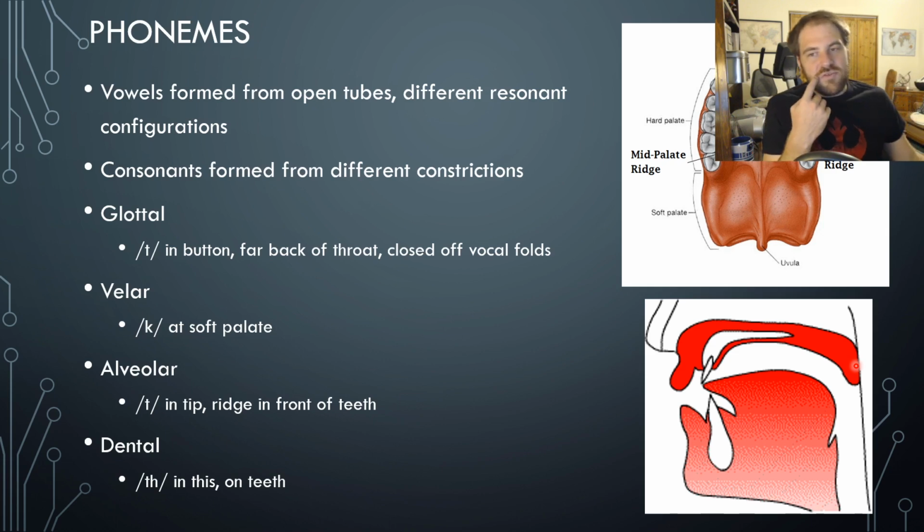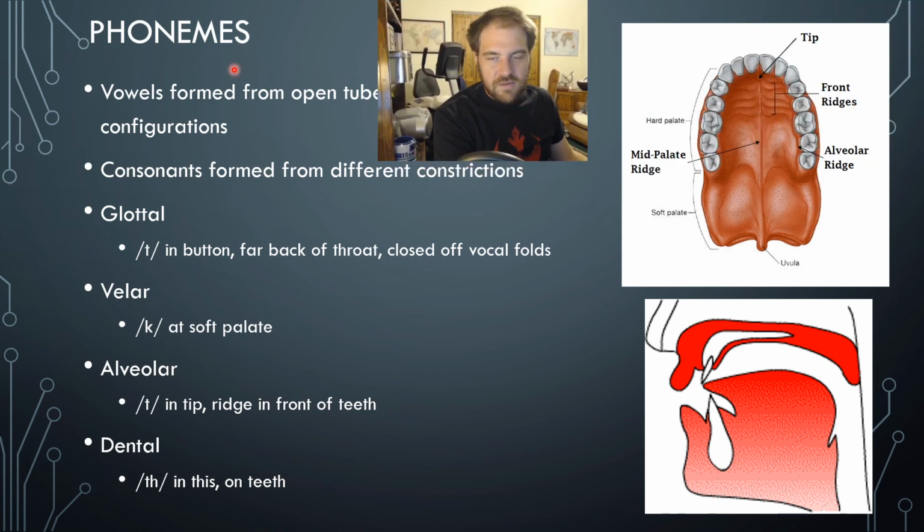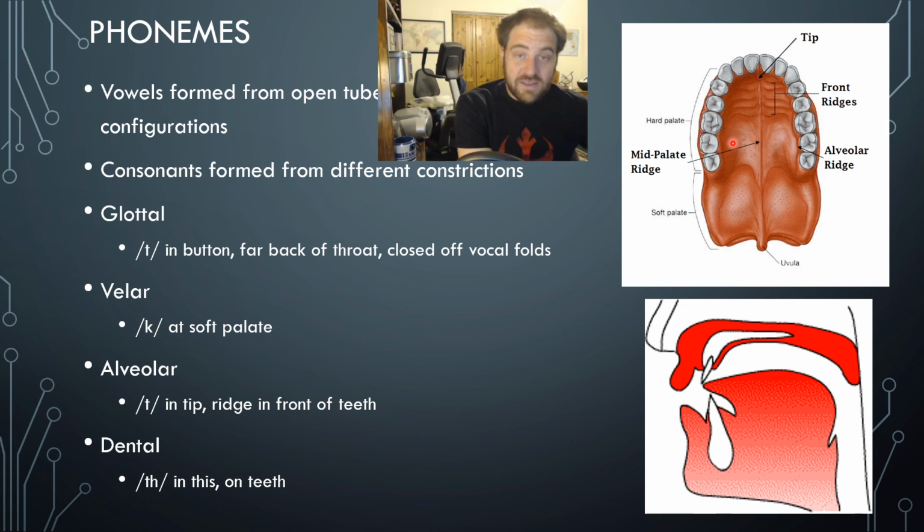But it's this ridge right. Oh, my head's in the way again. Okay. The alveolar ridge is this right here, behind the teeth, in front of the teeth. I guess it depends on what your reference frame is, but that's the alveolar ridge. And that's where you're going to say T.